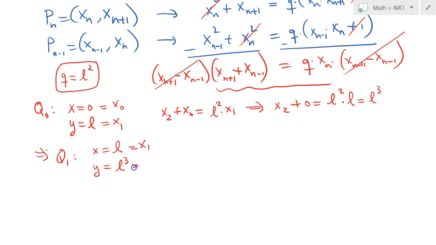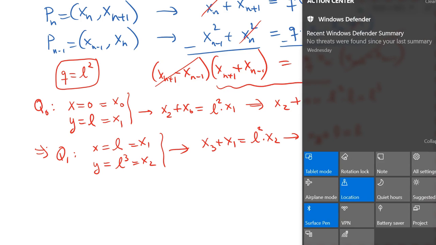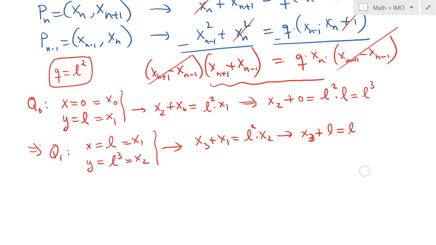You can think of this as x1 and x2, obviously. Now, like we did previously, using these we can come up with q2. x3 plus x1 is equal to, remember q is just L squared, L squared times x sub 2. x sub 3 is what I want to calculate, and x sub 3 plus x sub 1, which is L, is equal to L squared times x sub 2, but x sub 2 is just L cubed.